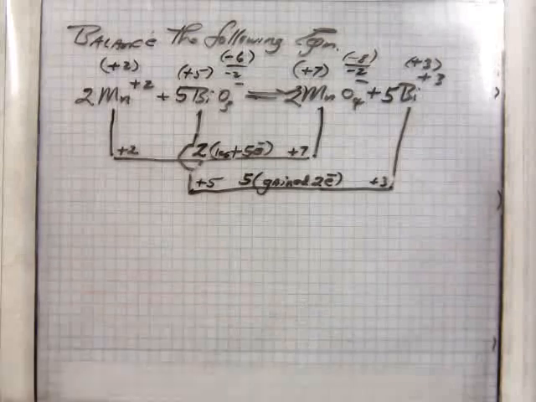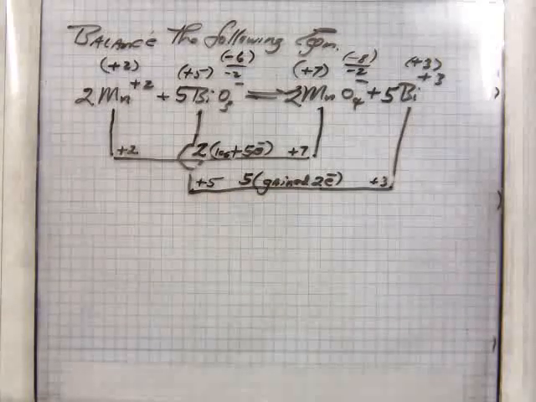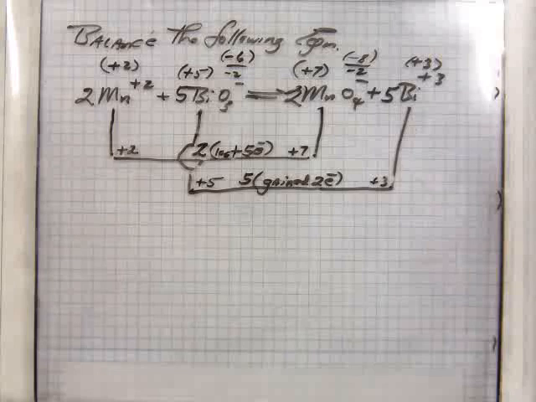Then, once you get the charge balance, you go to mass balance. If there are other elements within the structure, whether they be spectator ions or not, that undergo changes, then you balance those. There may be some that aren't undergoing oxidation reduction, and you have to balance all of those. Well, I'm not going to have any of those right now.